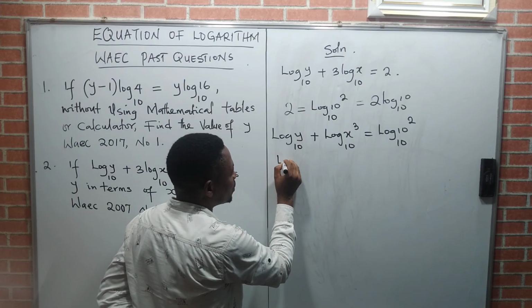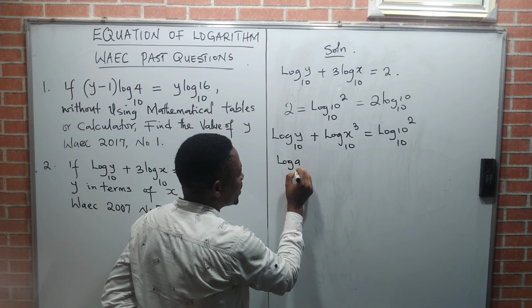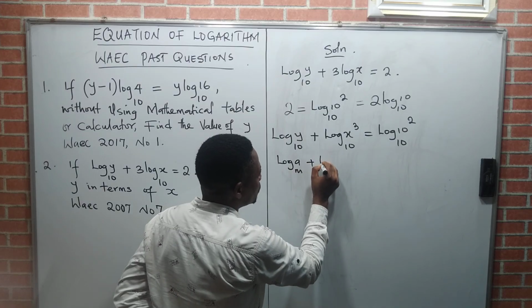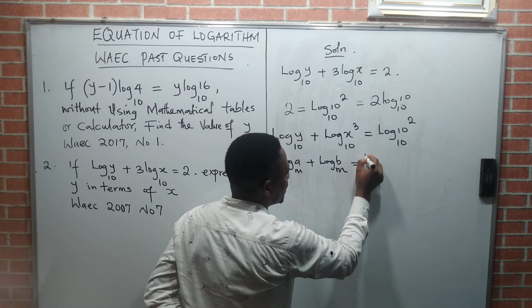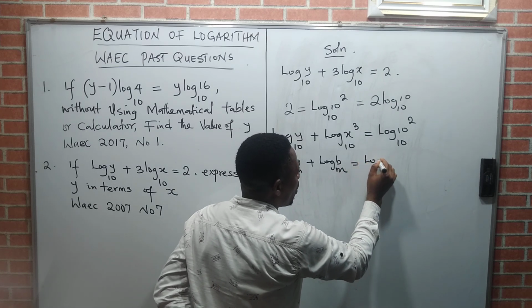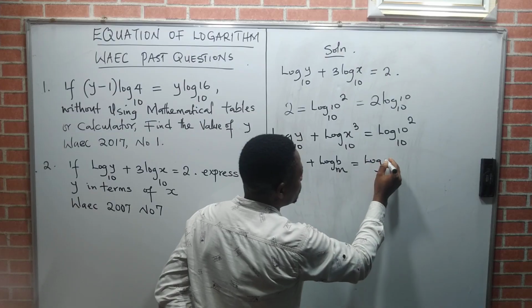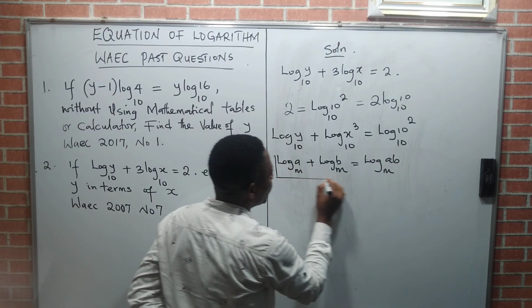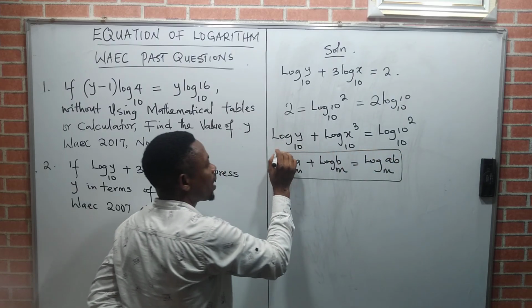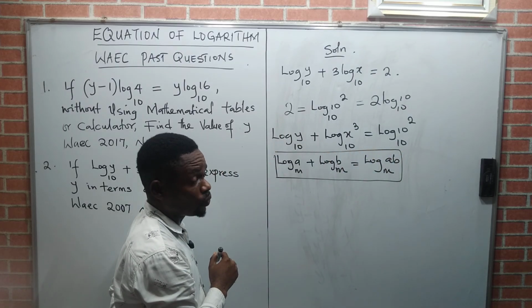Let's take for instance log a base m plus log b base m is the same thing as saying log of a times b, which is ab, all to base m. That is the law that we are going to apply in order to solve this particular word equation.